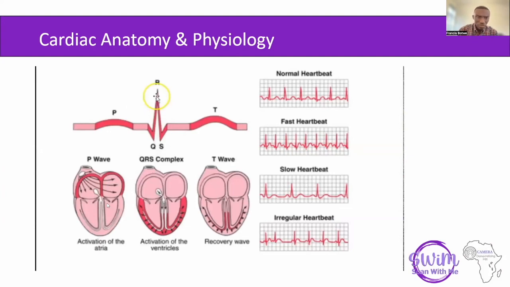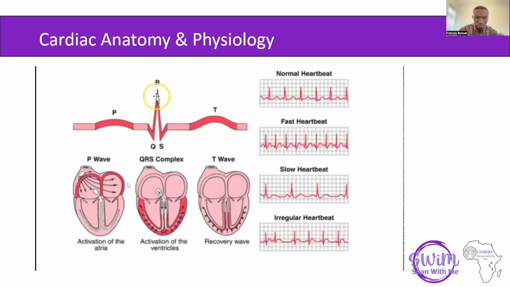So this is a diagram to show how the conduction takes place. It starts in the atrium from the sinoatrial node. The P wave is our atrial systole.